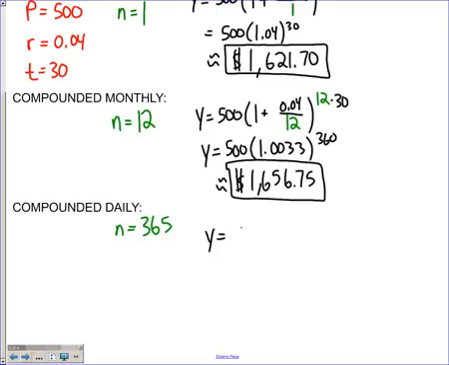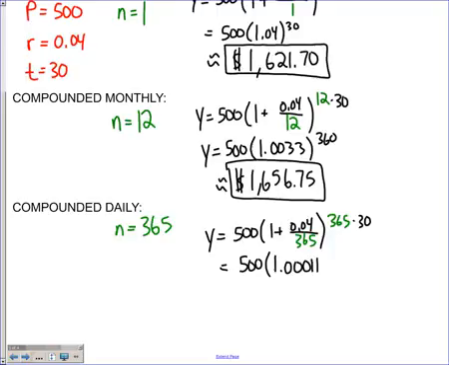We get y equals 500 times 1 plus 0.04 divided by 365. And if we close our parenthesis, that's going to be raised to the 365 times 30. So we'll look at the inside first. That turns into approximately 1.00011.